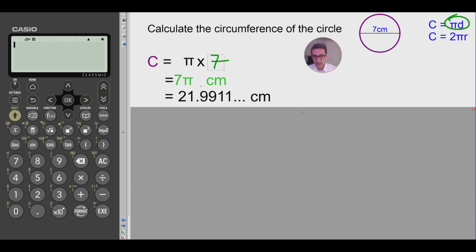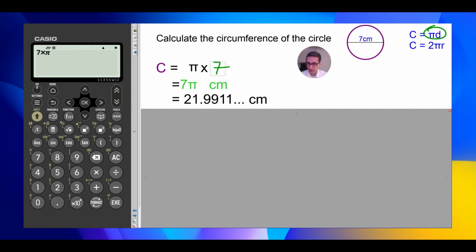Now, if you put this in a calculator, you're going to have to press 7 times, and then shift. And what you see here is the number 7 is where your pi is. So let me press that again, shift 7. That's 7 times pi. On some of the older calculators, the pi button is on the middle bottom key, so it's shift and then the middle bottom key that you press.